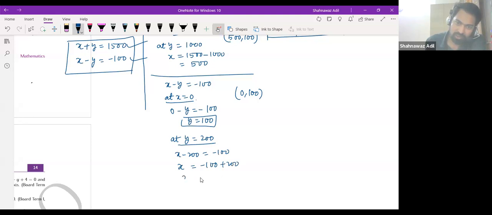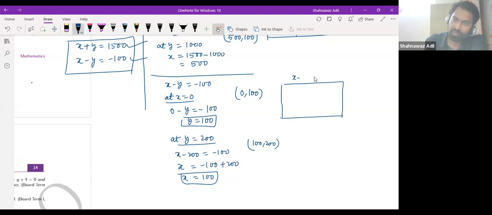So X is 100, and the point is 100 comma 200. So these are the two points we have for the line X minus Y equals minus 100. So the points are 0, 100 and 100, 200.